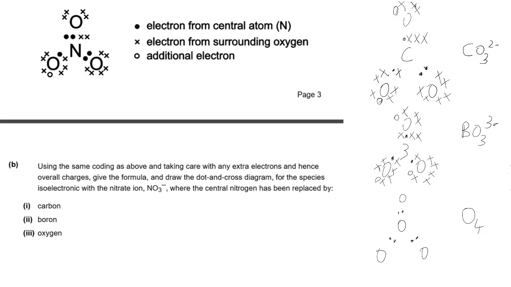And then to make this work, we'll need a pair of electrons provided by one of the outer oxygens over here, similar to what we had earlier, and we've got 2 lone pairs on that oxygen, and the other oxygens have got 3 lone pairs, all in this case being their own electrons. No additional electrons present.